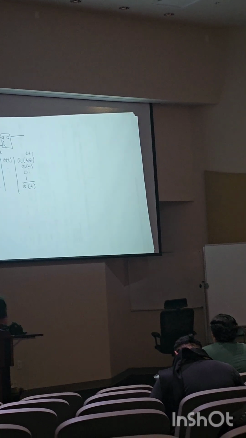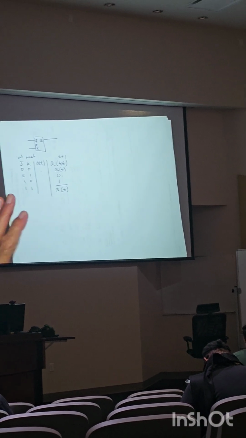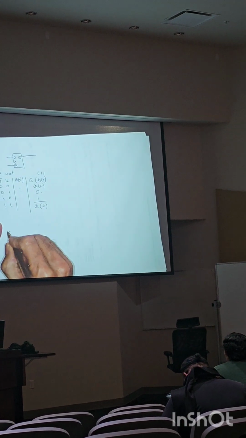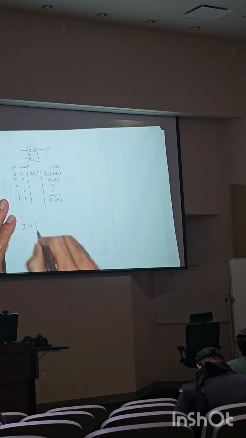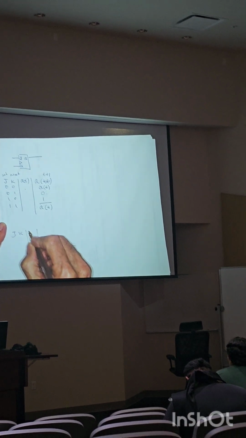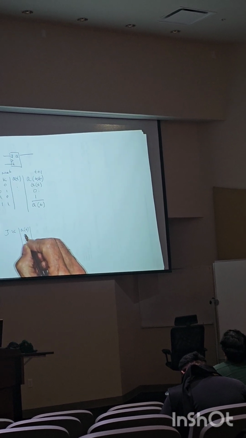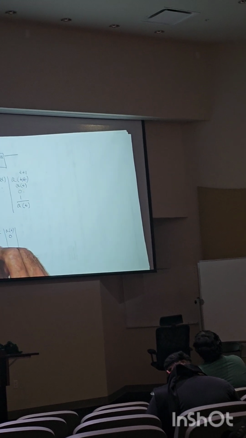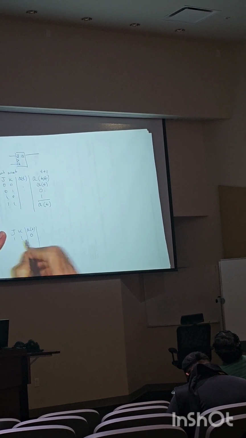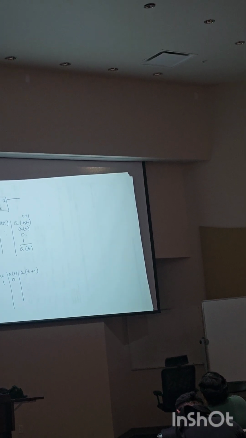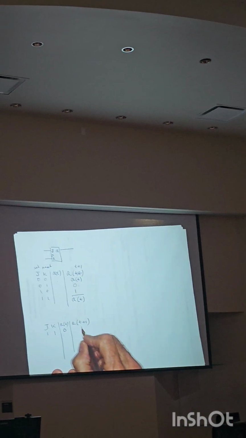Let's say I have a JK, q t, I have the value 0, and I input 1, 1. What do I get at t plus 1? 1, right?